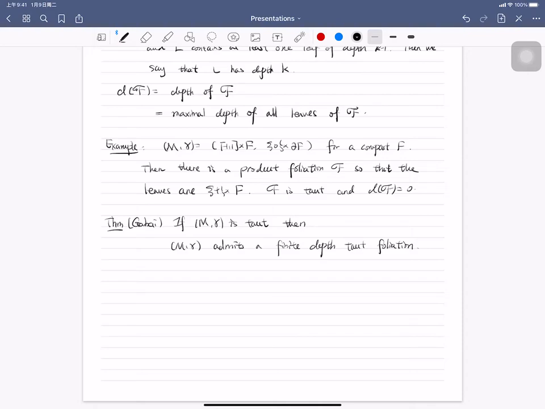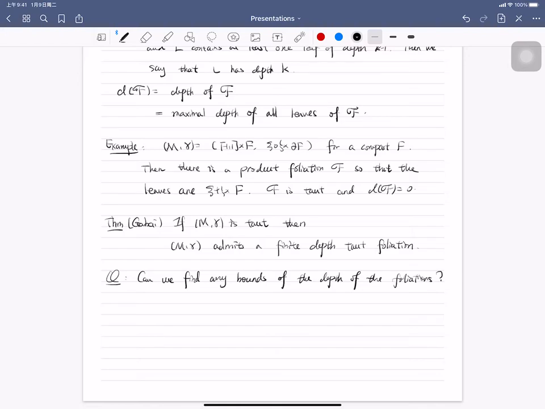But the problem is, Gabai only proved the existence of a finite depth taut foliation, but he didn't give any bounds on the depths. Well, can we find any bounds of the depths of the foliation?